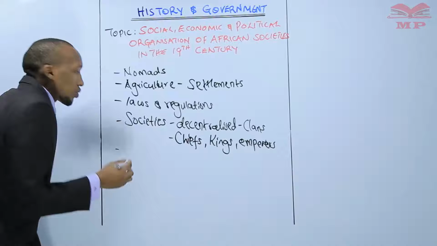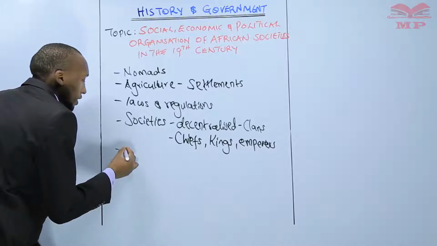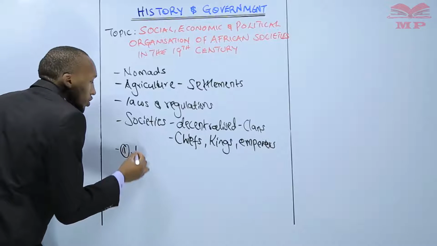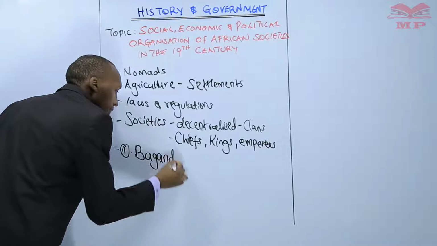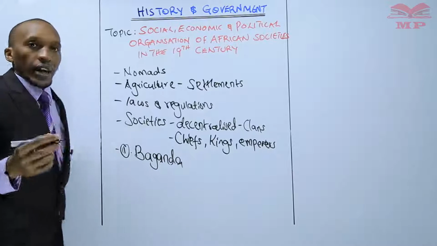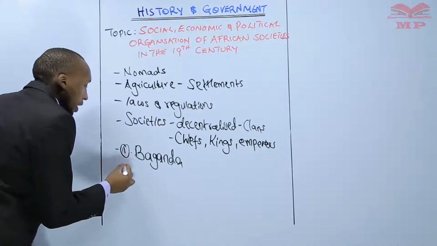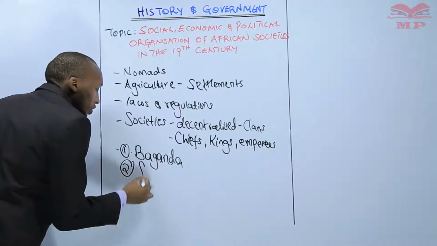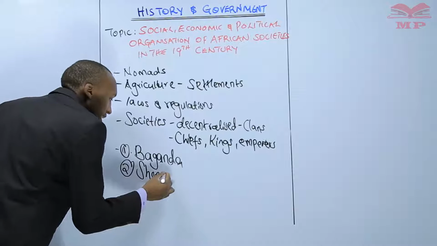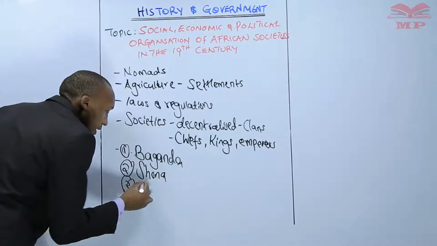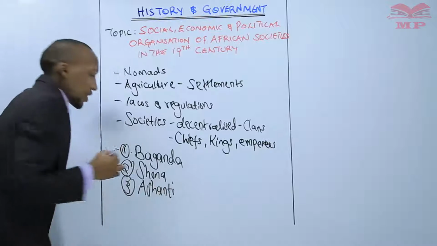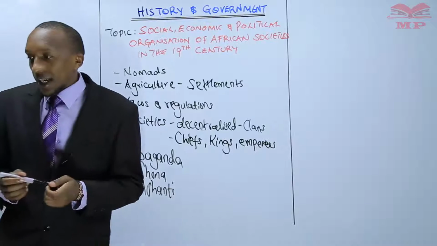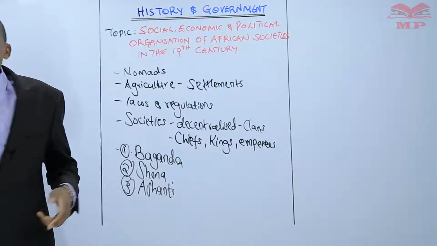The first one we are going to look at is the Baganda community, then the Shona, and lastly the Ashanti or the Asante. The Ashanti or the Asante are the groups that we are going to be discussing.